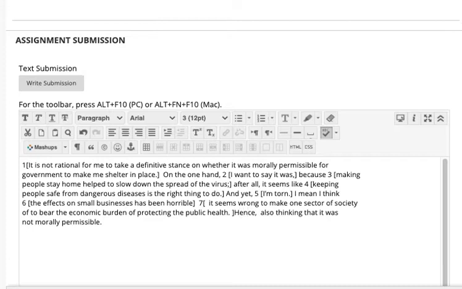Okay. It seems like they want to issue a separate statement. It seems like they have, hence, a conclusion. But what's problematic with this? It lacks a subject. All they say is "also thinking it was not morally permissible." What is lacking is not the verb, but what? A subject. So they left out the word what? "I."